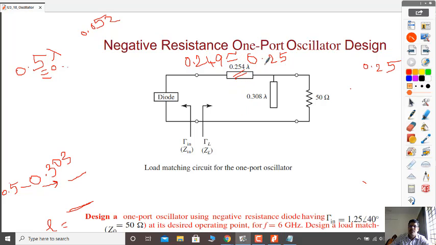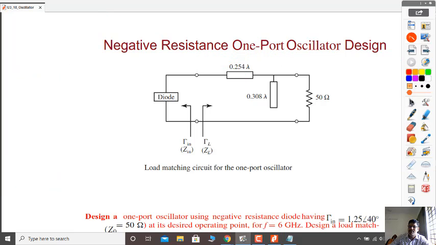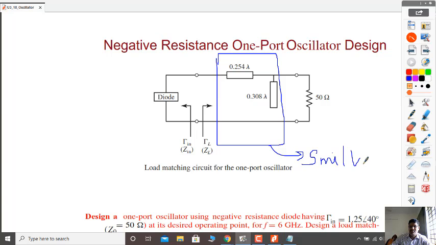Now we have designed this transformation network by using the Smith chart. This is the load, the actual load.